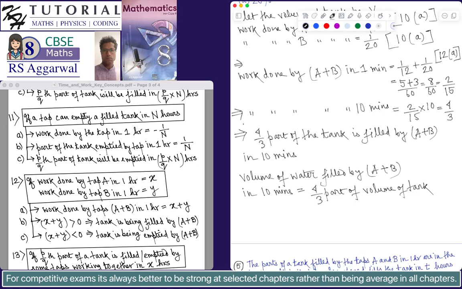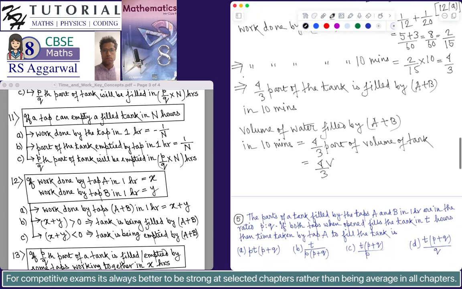So the volume of water filled by both A plus B in 10 minutes will be 4 by 3 part of the total volume of the tank. This is equal to 4 by 3 V.